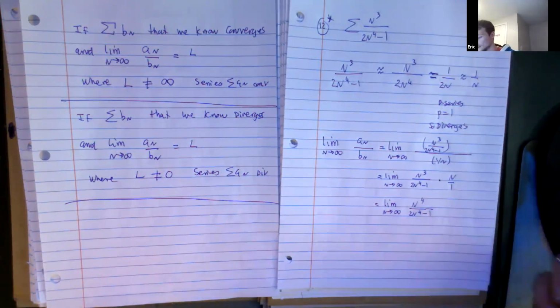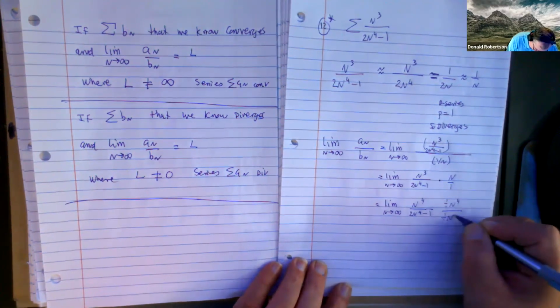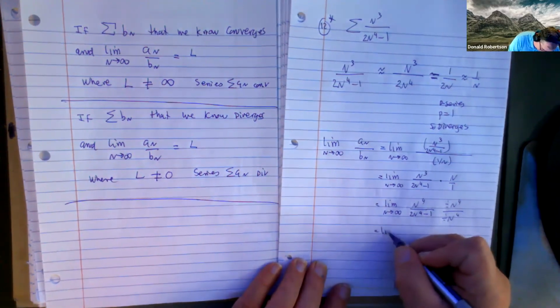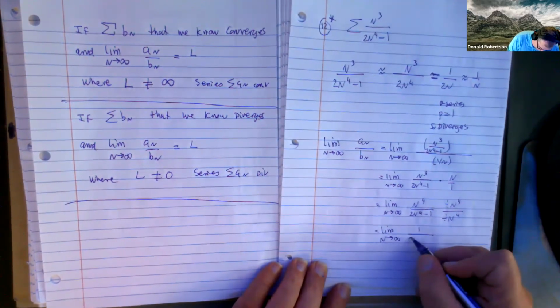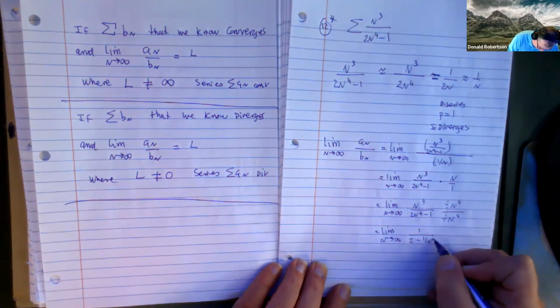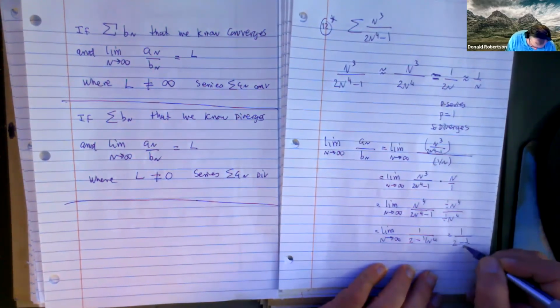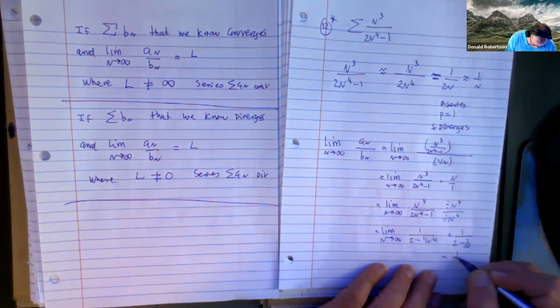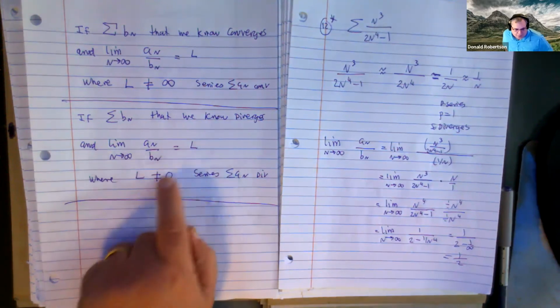Divided by n to the 4. Okay, that works. Also L'Hopital if you feel like it. So it's going to be the limit as n tends to infinity of 1 over 2 take away 1 over n to the 4. That's 1 over 2 take away 1 over infinity, 1 over 2. Did we get a limit L that wasn't 0?